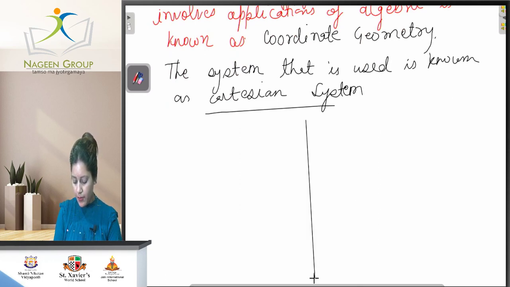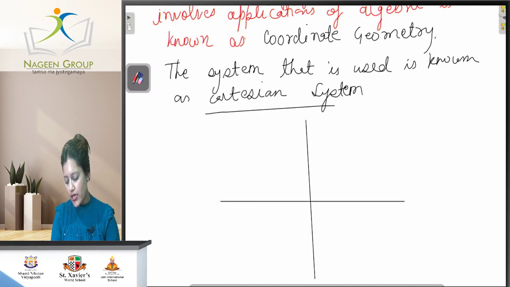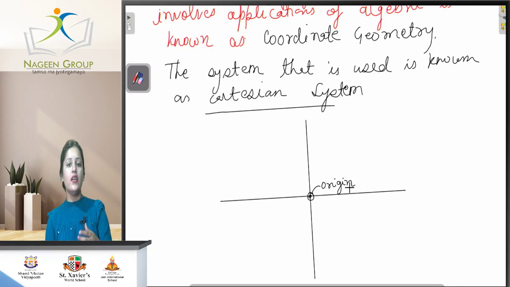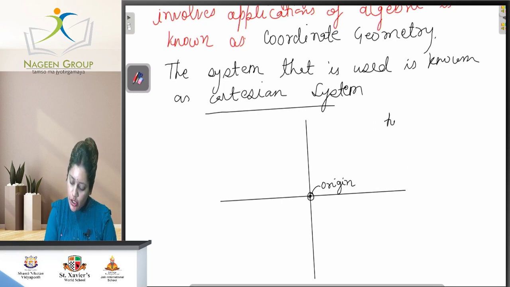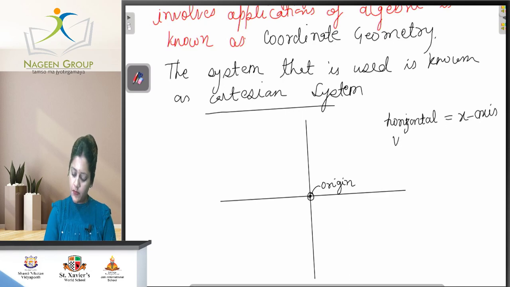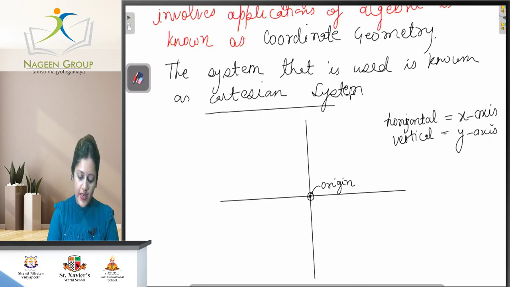What have we learned about the number line? If two perpendicular lines divide each other, then the dividing point is known as the origin, where the left and right portion of the line shows the x-axis, means the horizontal line is the x-axis, while the vertical line is the y-axis, named x and x dash, y and y dash.